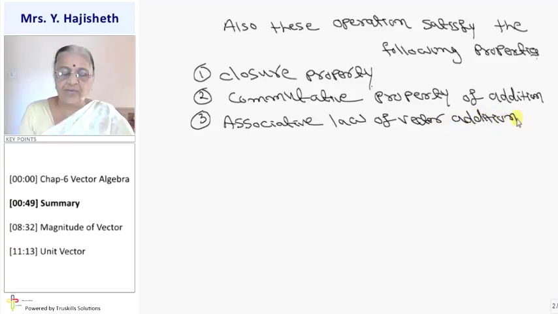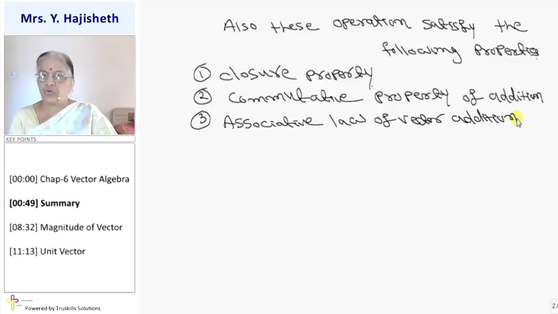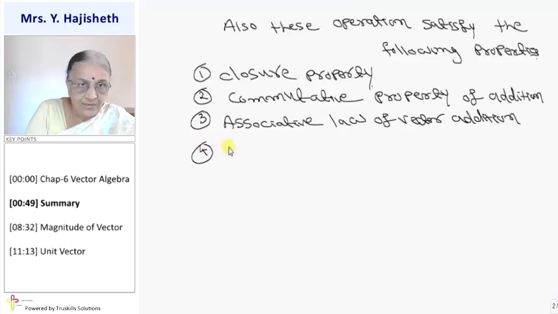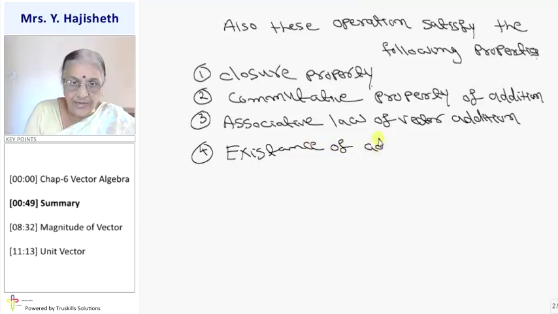If vectors x, y and z belong to R cube or R square, then (x plus y) plus z is equal to x plus (y plus z). Then we have learned existence of additive identity.